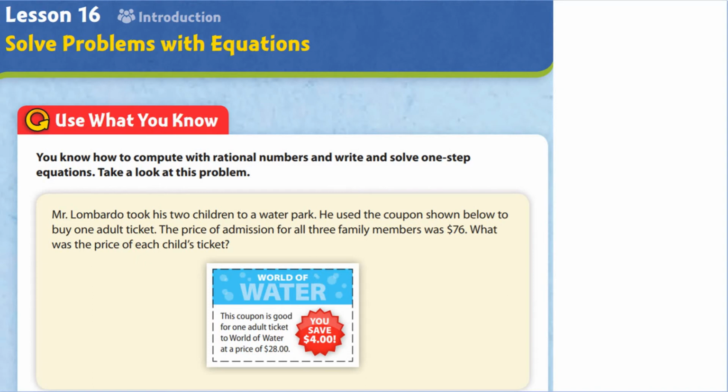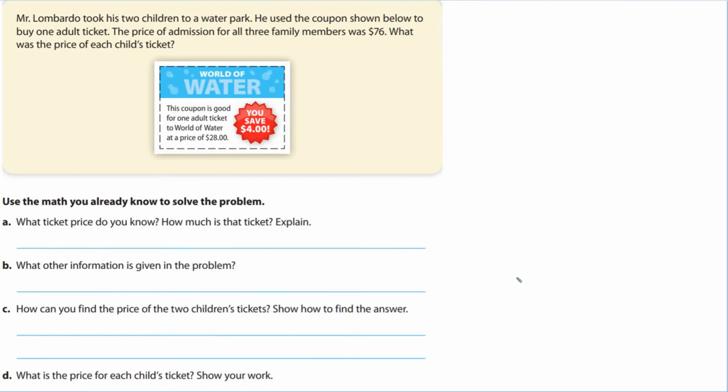So let's look at that coupon. This coupon is good for one adult ticket to World of Water at a price of $28. You save $4. We're going to use the math you already know to solve the problem. Question A. What ticket price do you know? How much is the ticket? Explain your answer.